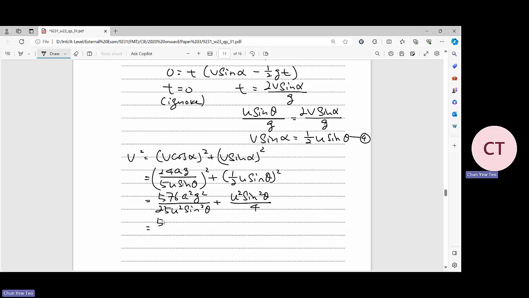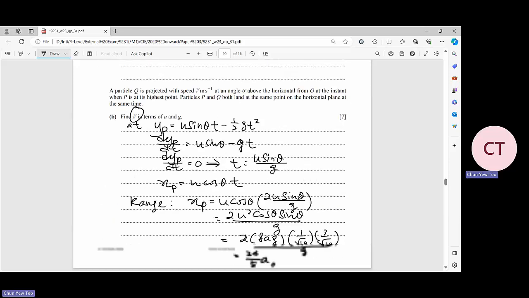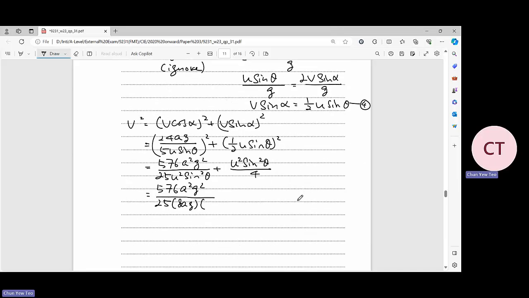Now we change the U squared to become 8 AG, sine squared. Sine squared is 1 over 10. This one is 8 AG times 1 over 10 divided by 4. So simplify it. This is the V squared.